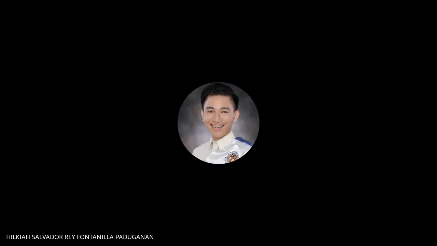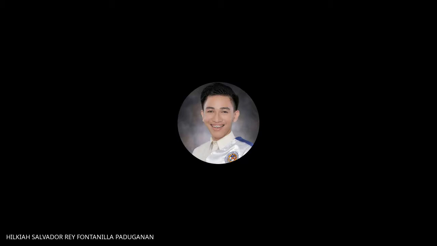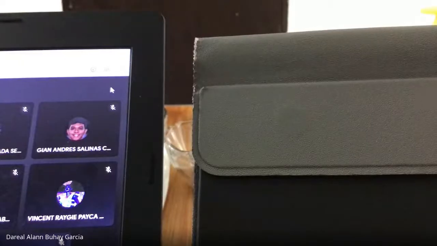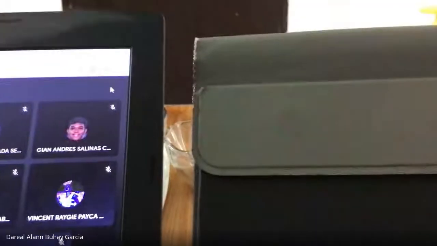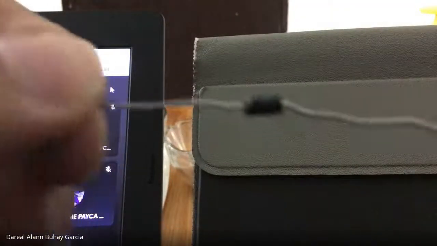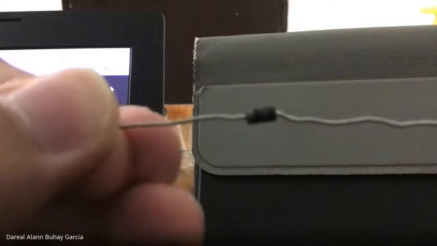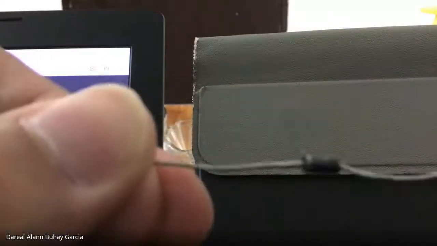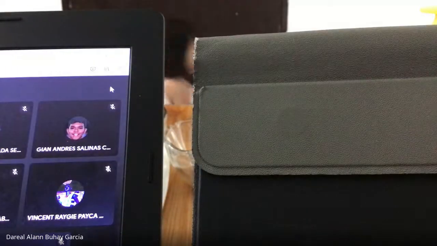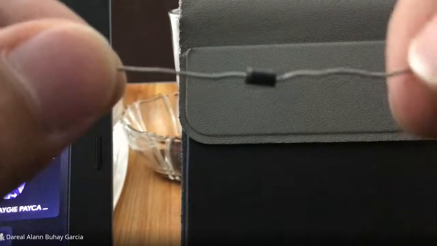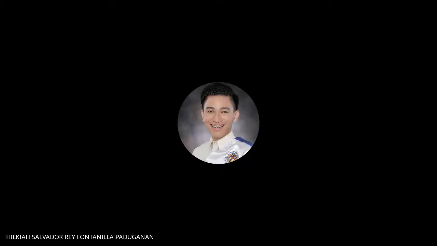Naka-off sir. Okay, this is the diode. Can you see it? Yes, sir.